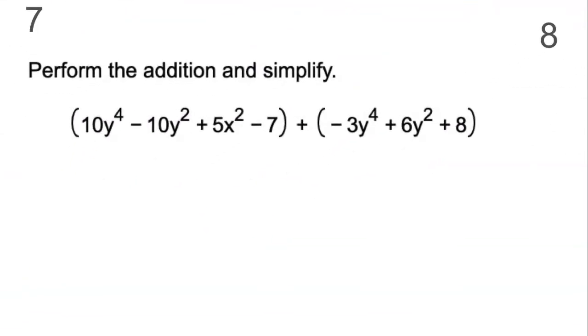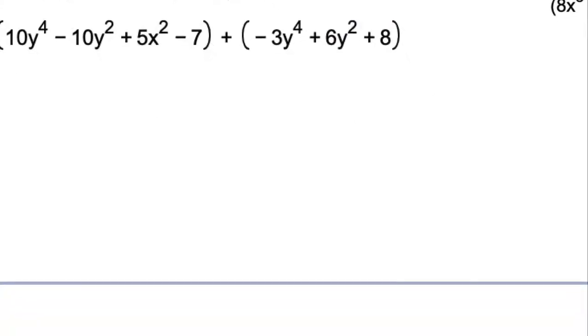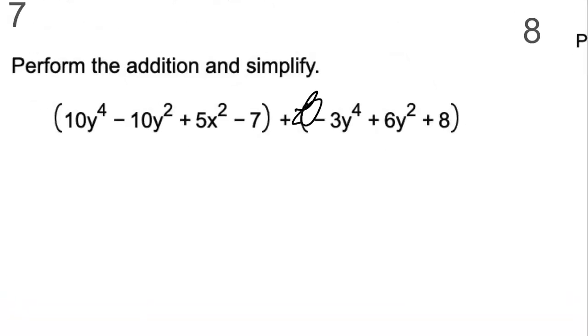You're gonna have a question like this on the test. If you're adding two polynomials together and you have parentheses, you can just rewrite it without the parentheses. So that's like a cheat code for when you're adding polynomials.